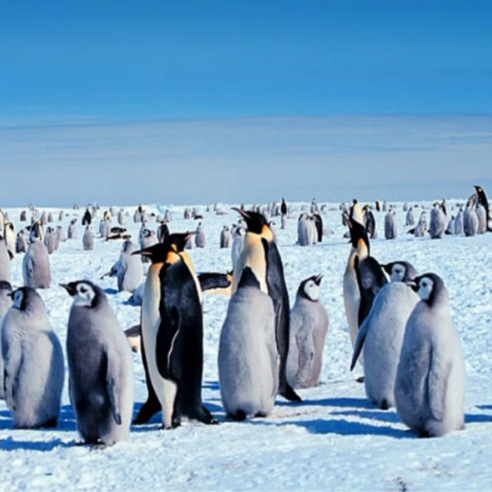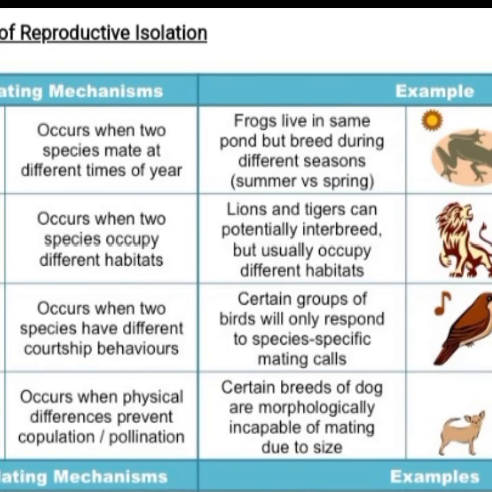The biological species concept defines a species as a group of individuals living in one or more populations that can potentially interbreed to produce healthy, fertile offspring. Other species concepts exist and may be more useful for certain types of organisms.